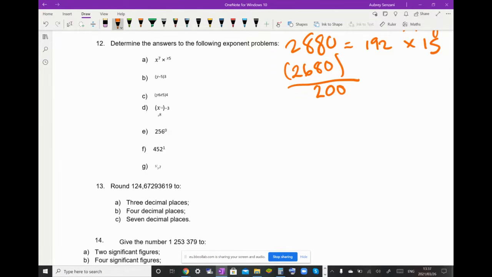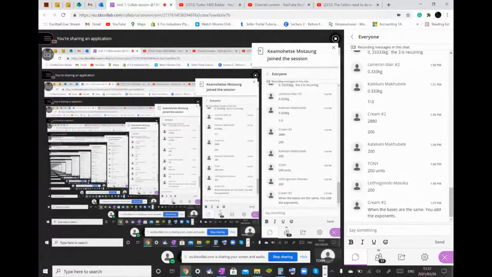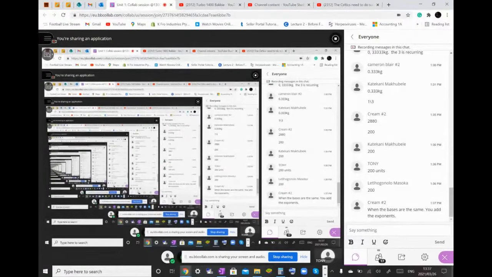What is the answer here? What is x to the power 7 times x to the power 5? Let's see. Yes, when the bases are the same, you add the exponents.